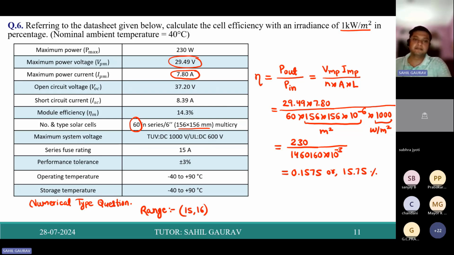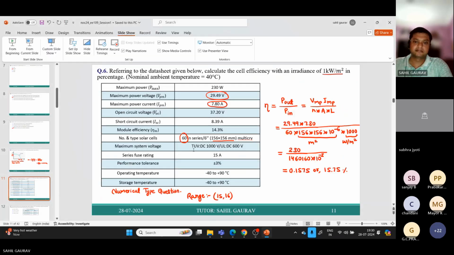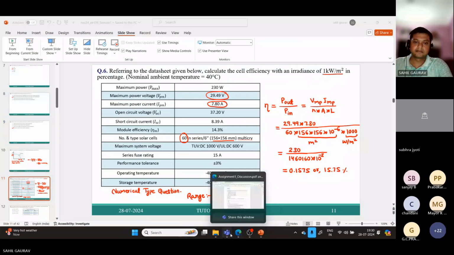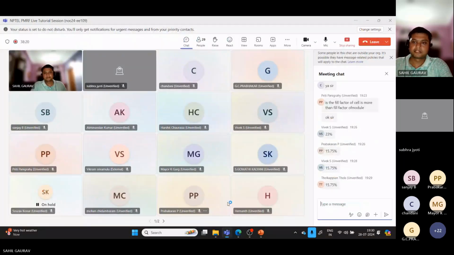Whatever answer you type within this 15 and 16 will be considered correct. Yes, also Vivek, Prabhakaran, all of you are correct. 15.75.